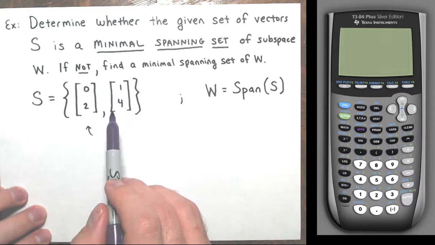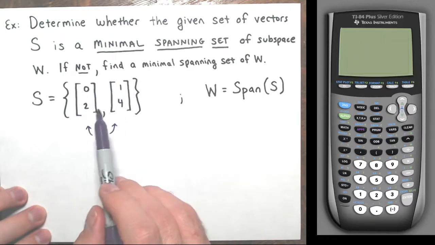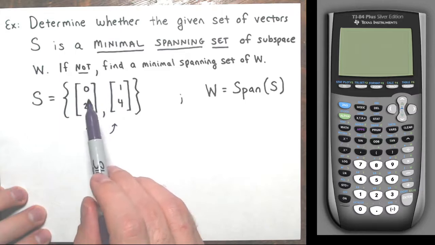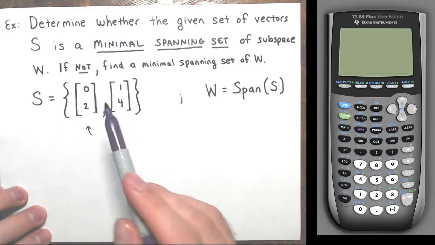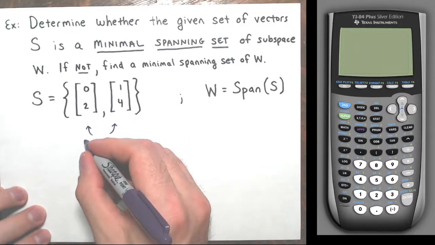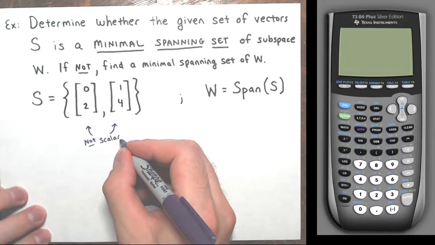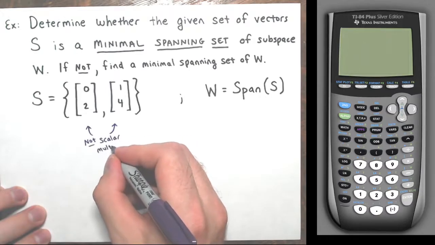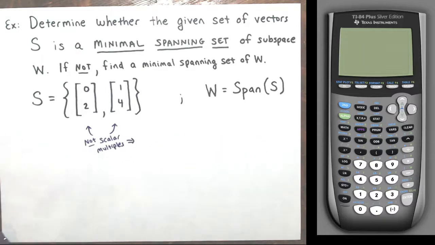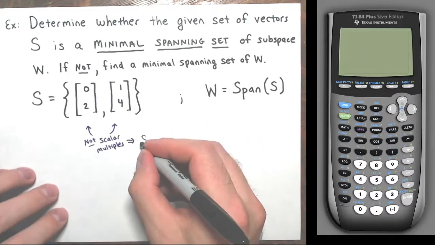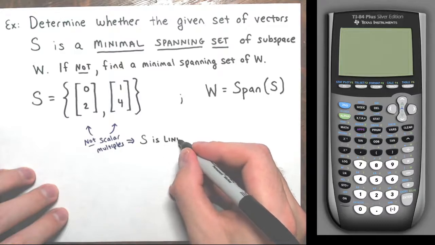And 1 times 0 is 0, but 4 times 0 is not 2. You can't find any scalars that you can multiply these by to get each other. So these two vectors are not scalar multiples of one another, meaning that S is independent. This set of vectors is linearly independent.